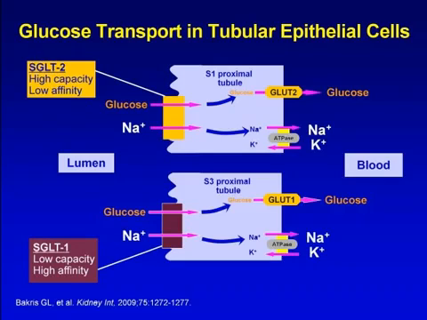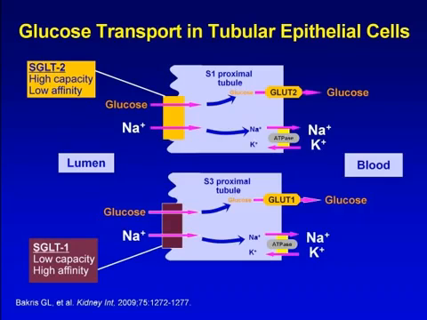You can see in the first upper part is the cell which shows SGLT2 in yellow. The SGLT2 has a high capacity for transporting glucose but a low affinity. Both SGLT1 and SGLT2 are glucose-sodium cotransporters. So as you can see in this figure, SGLT2 transports glucose from the lumen along with sodium into the cell.